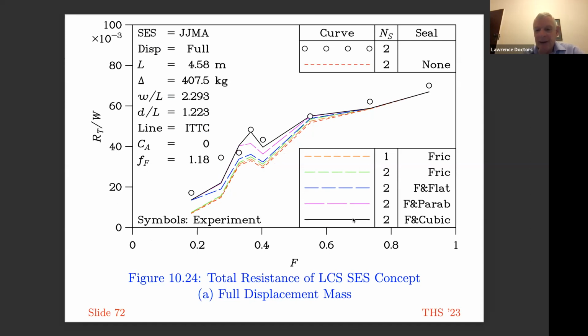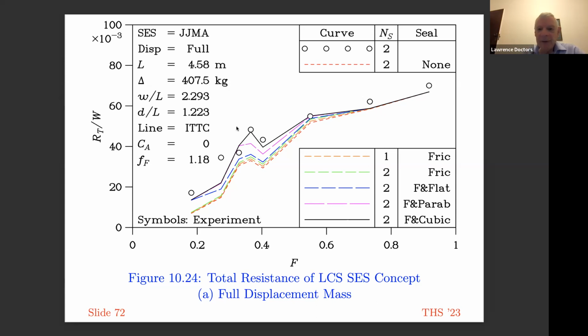And my best theory is the solid line. And you can see how it's increased the drag here at the lower speed, particularly at the hump speed. So it would seem that the models I've developed for the seal drag give a pretty good improvement in the accuracy of the theory. You can get a much better idea of the drag at the lower speeds.